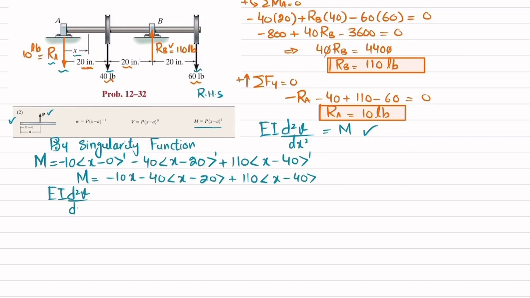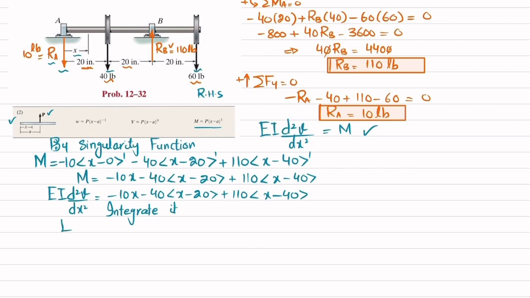over dx square is equal to the moment, which is minus 10x minus 40 into x minus 20 plus 110 into x minus 40. So integrate the above equation once.